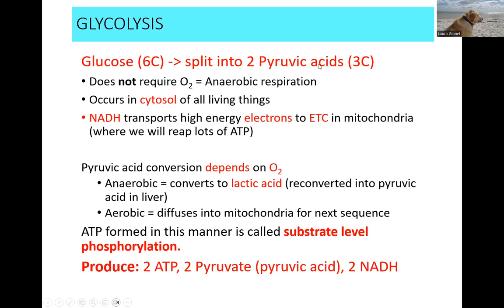Because we have 2, and we're going to end up with 2 of these pyruvates. We have 2 ATP that are produced, 2 pyruvate or 2 3-carbon chains, and 2 NADH. So the NADH is transporting that hydrogen. We now have 2 of those 3-carbon molecules, and along the pathway, we netted 2 ATP. We actually produced 4, but it cost 2, so we are ahead 2 ATP molecules.